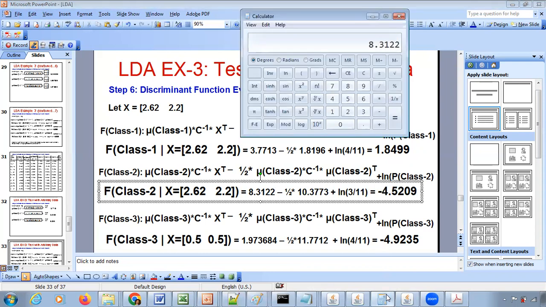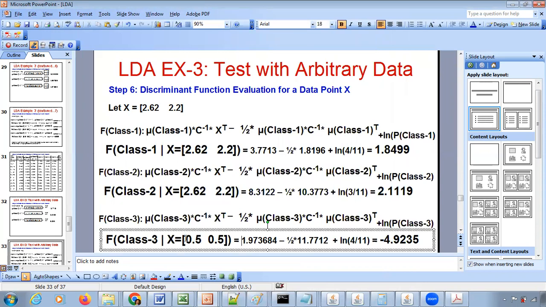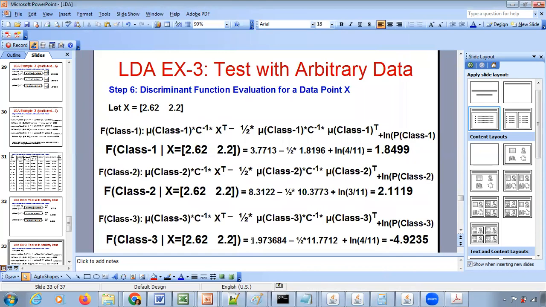So 8.3122 minus half of 10.3773 plus logarithm of 4 over 11 is 2.1119. For class 3, there's 9.389 here.